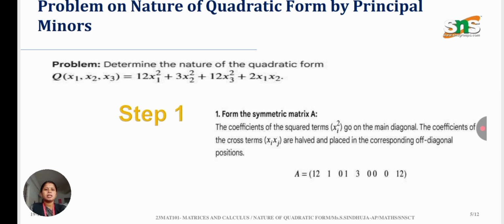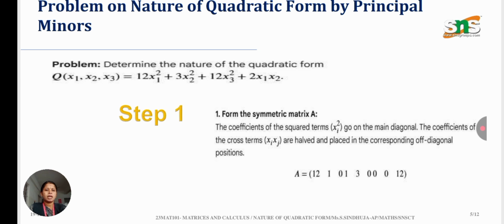So let us consider an equation 12x1 square plus 3x2 square plus 12x3 square plus 2x1x2. Here the given equation consists of 3 variables x1, x2 and x3 with a degree of 2. When you are converting this quadratic to a matrix form, we get a 3 by 3 matrix.